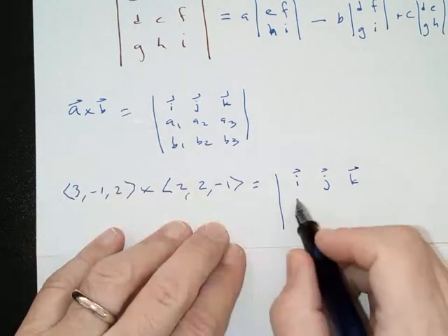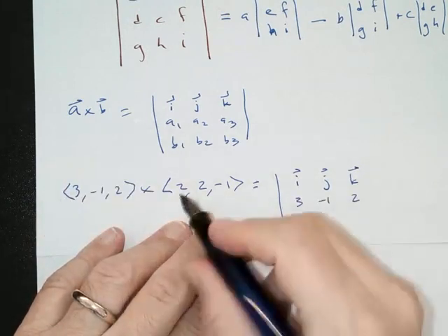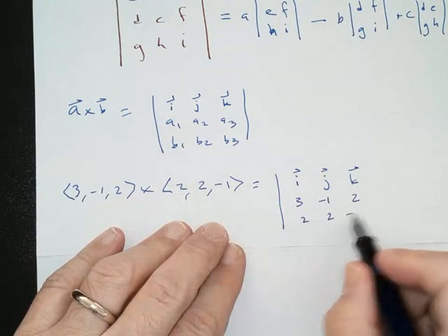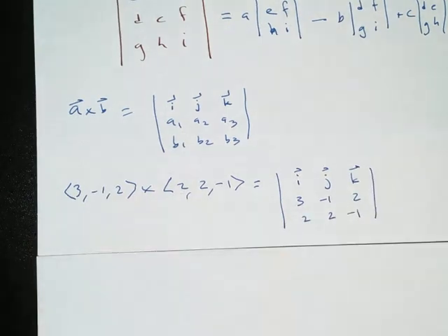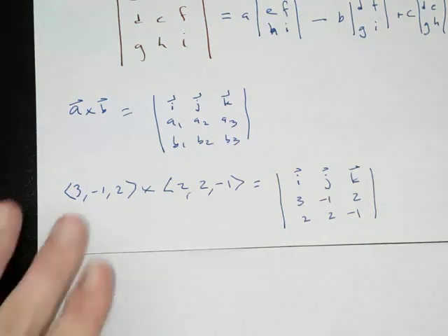The first vector becomes the middle row, and the second vector becomes the bottom row. As I go across the top row, I get i times the minor, minus j times the minor, plus k times a minor.